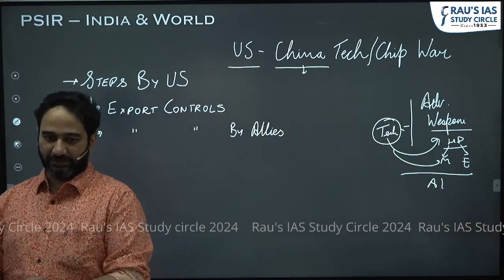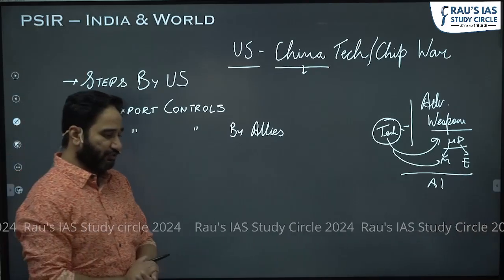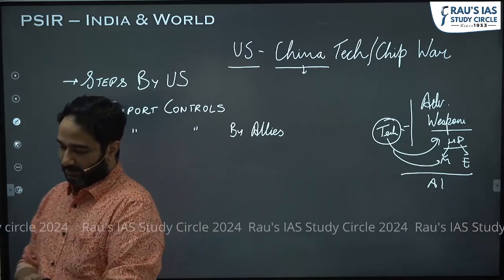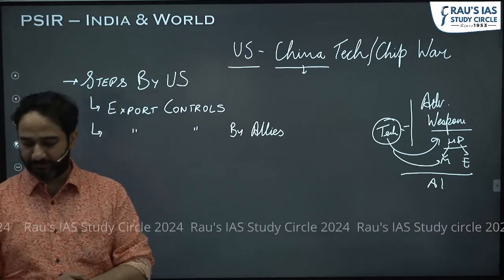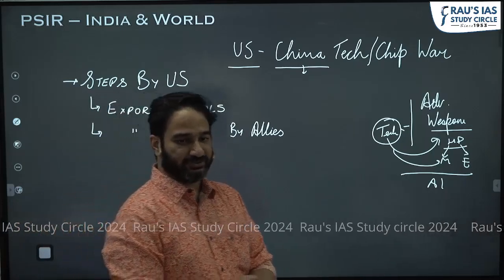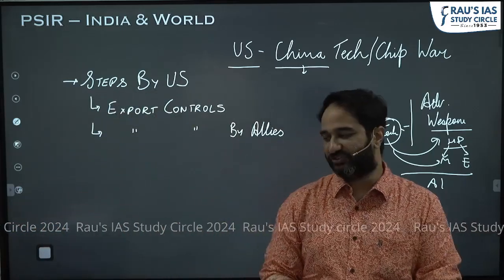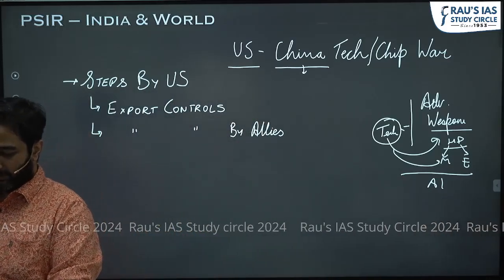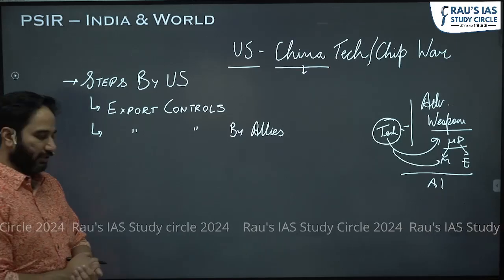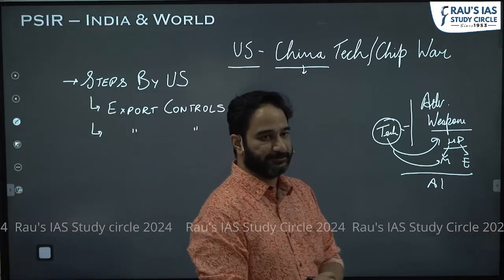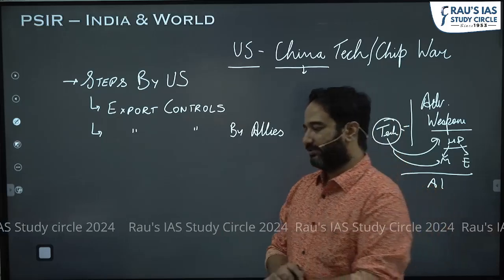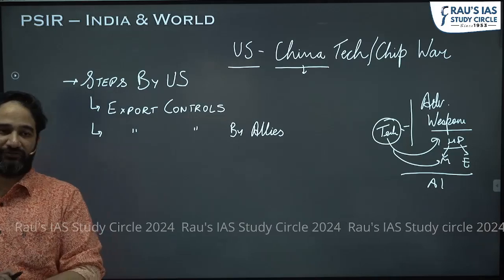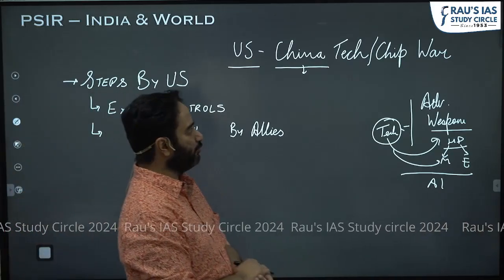The US, Japan, and Netherlands provide roughly 90% of the equipment used to manufacture semiconductors.